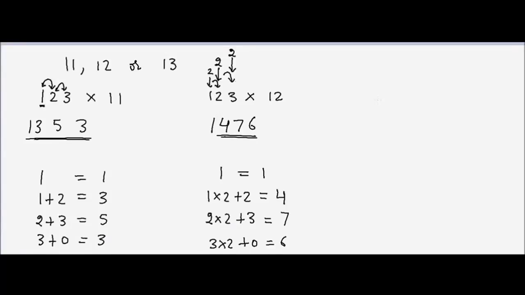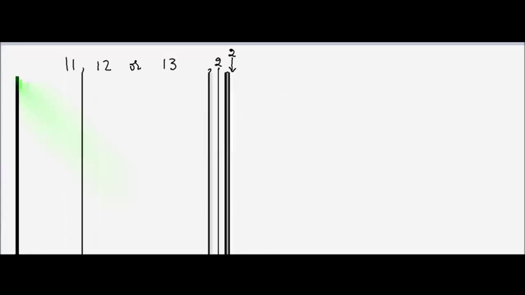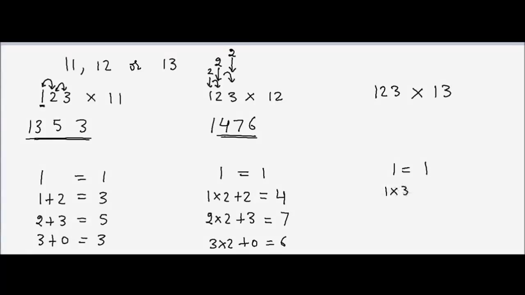So let's go to another example and multiply by 13. If I have 1 2 3 and I want to multiply by 13, I'll do it the same way. The first digit will be equal to the first digit, the second will be 1 into 3 plus 2, the third will be 2 into 3 plus 3, and then we have 3 into 3 plus 0.